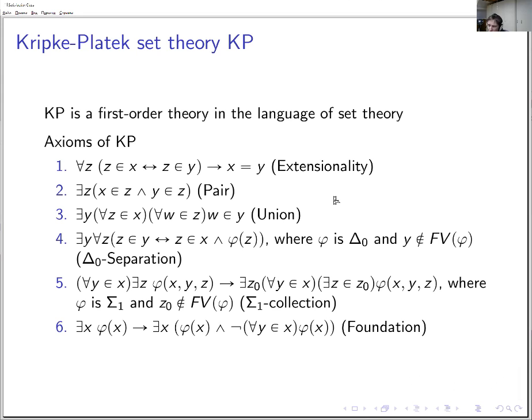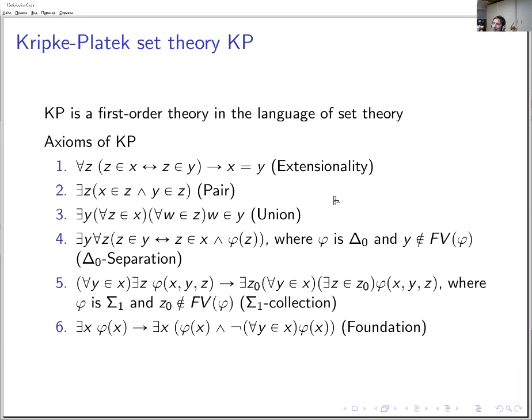And finally, Kripke-Platek theory contains a scheme of foundation. I think this is a less important component of Kripke-Platek theory. The point is that in a lot of applications of Kripke-Platek theory, what you want are transitive models.